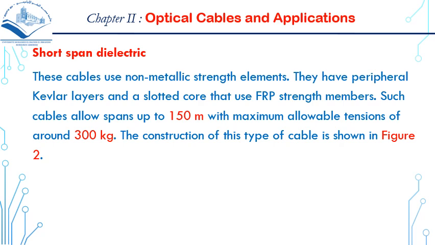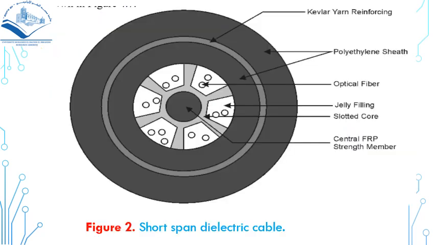Such cables allow spans up to 150 meters, with maximum allowable tensions of around 300 kilograms. The construction of these types of cable is shown in Figure 2. So this is the figure of a short span dielectric cable, a cross section of which, of course.